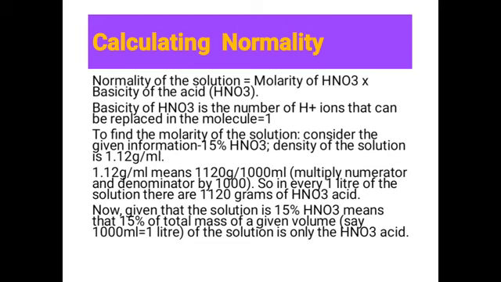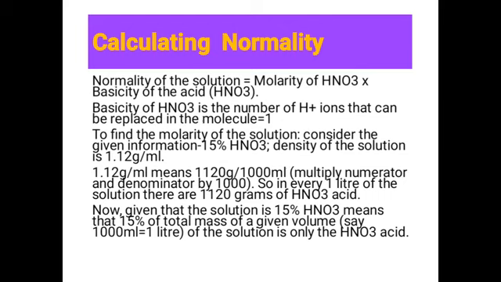Now, to interpret 1.12 gram per mL, that means that for every 1 mL, you have 1.12 gram. To take it to standard form, which is 1,000 mL, you multiply by 1,000. That's 1.12 over 1 times 1,000. You have 1,120 gram per 1,000 mL, or per 1 dm cube, or per 1 liter.